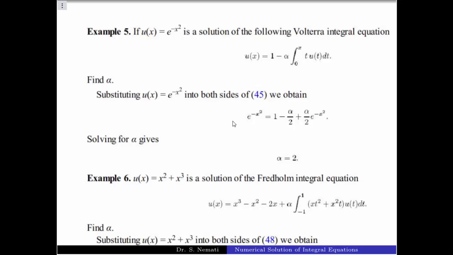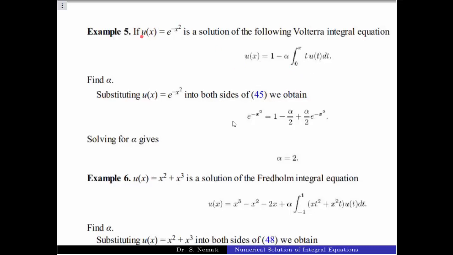The next example, we have a Volterra integral equation, and the example suggests that the function e to the power negative x squared is a solution of this integral equation.